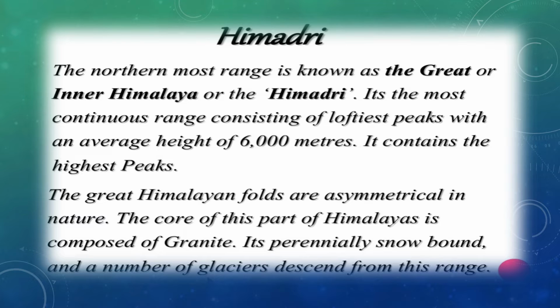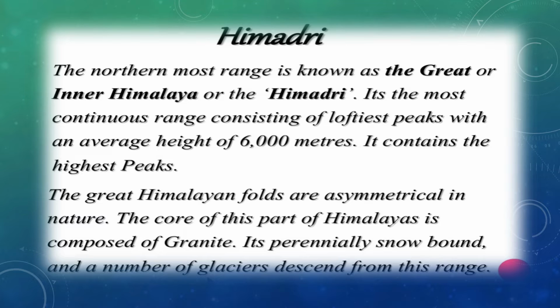It is the northernmost range, known as the Greater or Inner Himalayas or the Himadri. It is the most continuous range, consisting of the loftiest peaks with an average height of 6,000 meters. I told you it consists of the loftiest or the highest peaks. The Great Himalayan folds are asymmetrical, that means they are not symmetrical in nature.